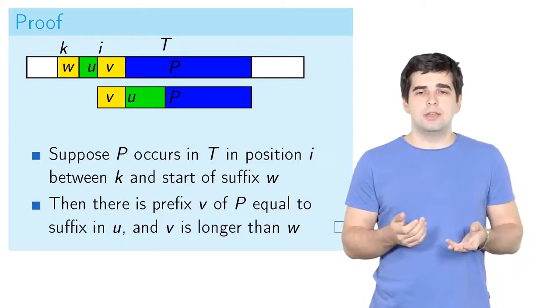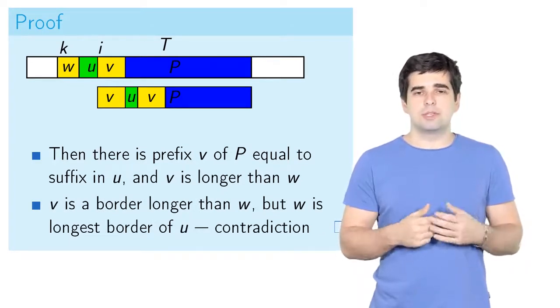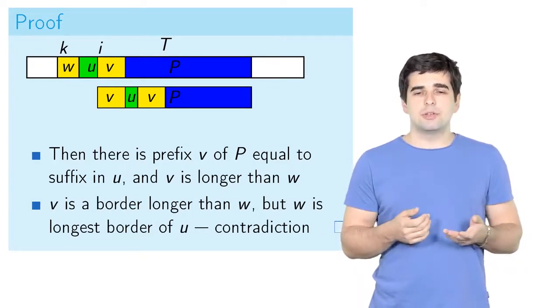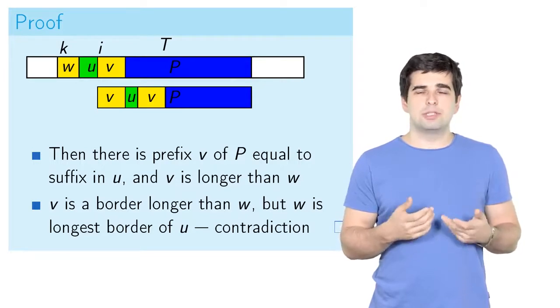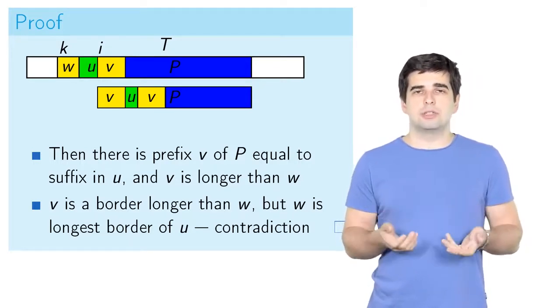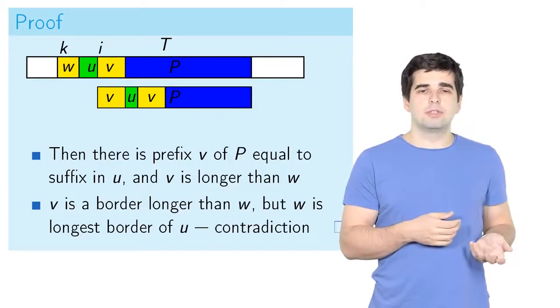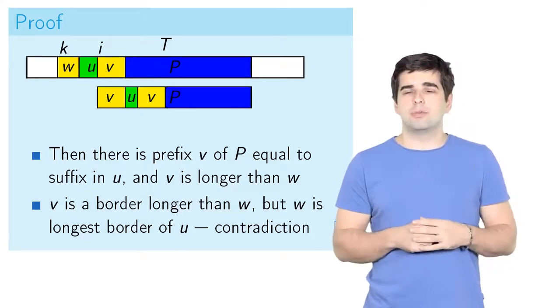And so v is a border of u because it's both a prefix and a suffix. And it is also a border which is longer than w, but w was the longest border of u, so we get a contradiction with the assumption that our pattern p occurs somewhere between the current position k and the start of the right w in the text.